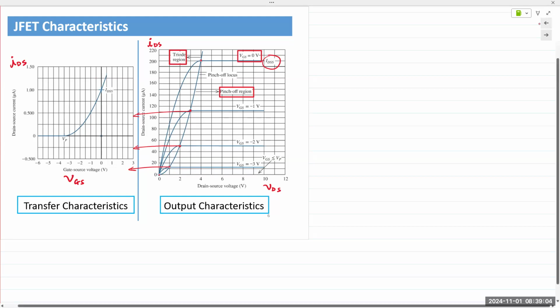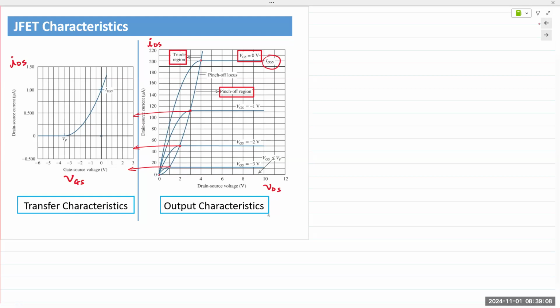There's one equation that I'd like to point out, and that is for ID. So ID is given by IDSS times (1 minus VGS over VP) the whole squared. It's the drain current equation.